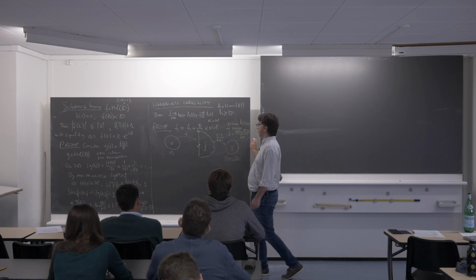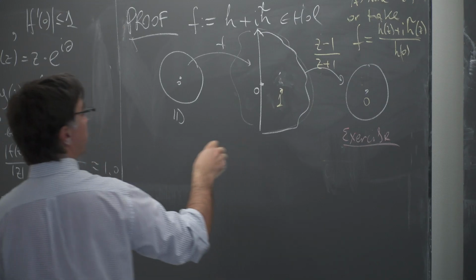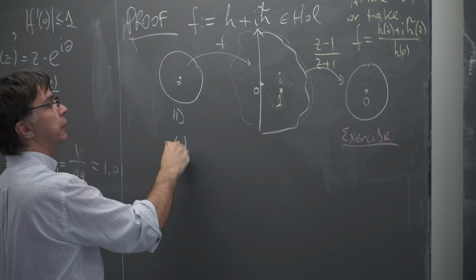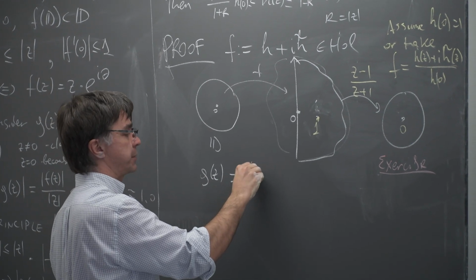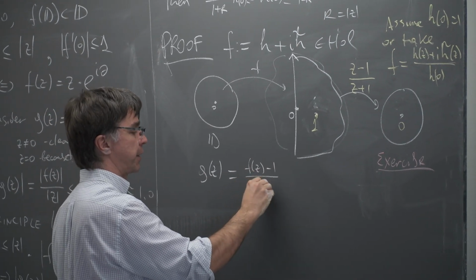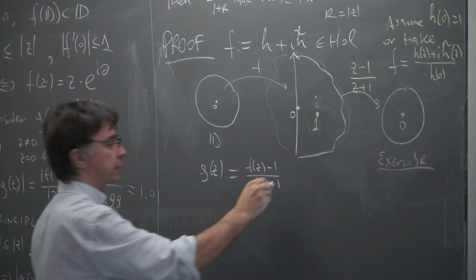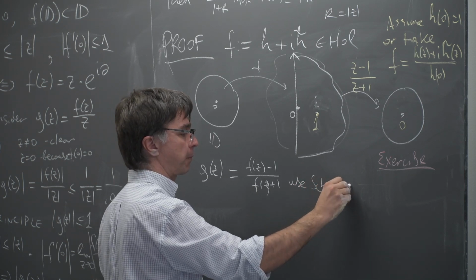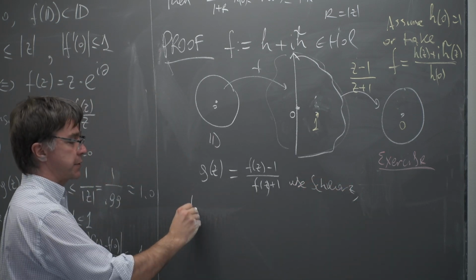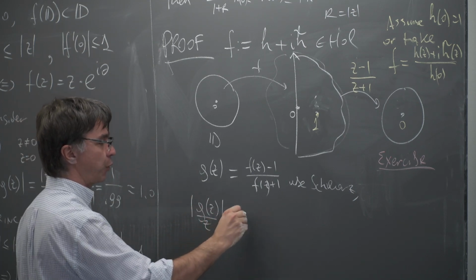Okay. Now, what do we have? We have the map g of z, the composition of these two, which is (f of z minus 1) over (f of z plus 1). We can use Schwarz. And what we get is that the absolute value of g of z over z is no more than 1.